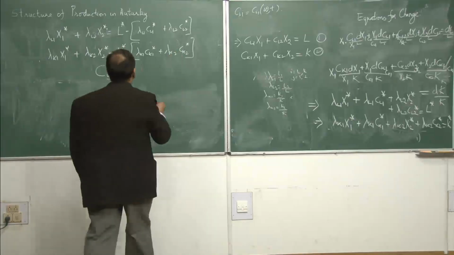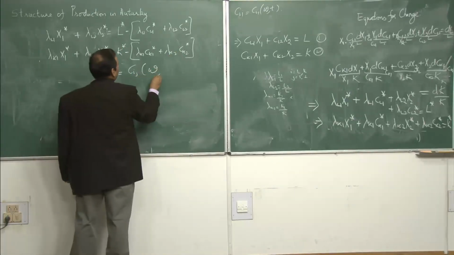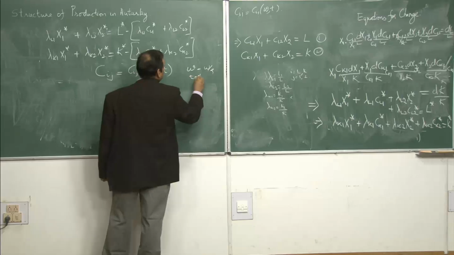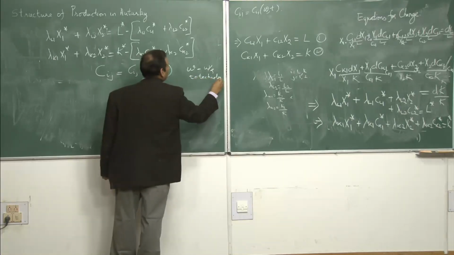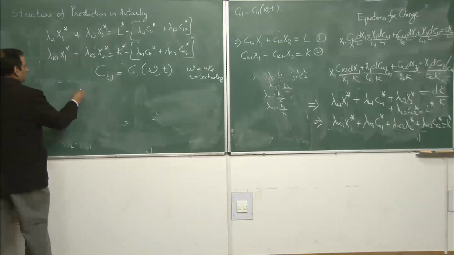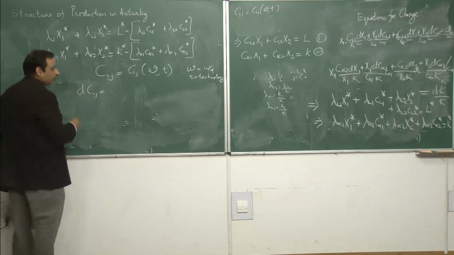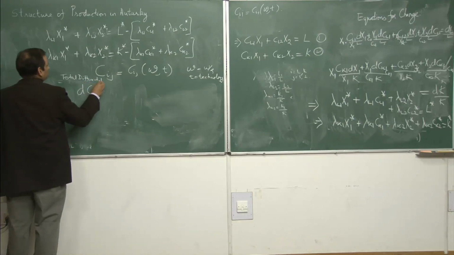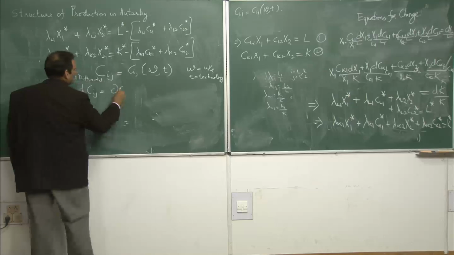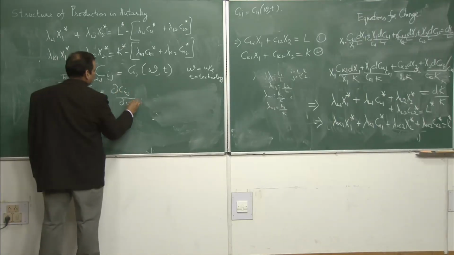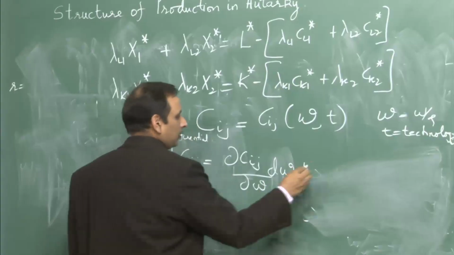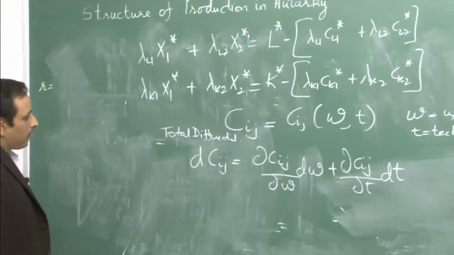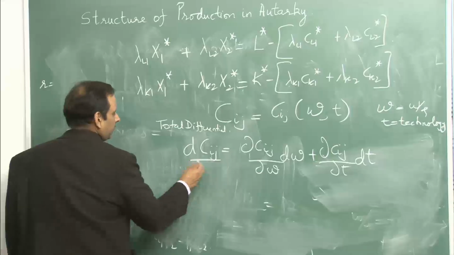This is a function of omega and T. T is the technology, omega is W by R. Then if you take dCij, the total differential, this becomes this divided by Cij.